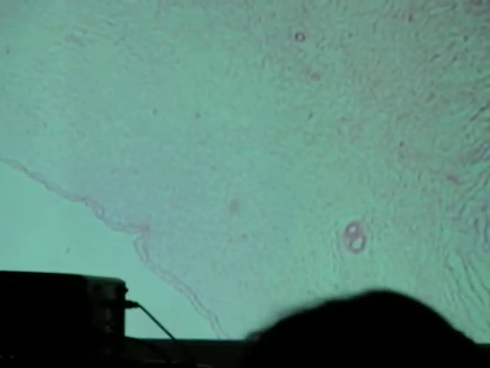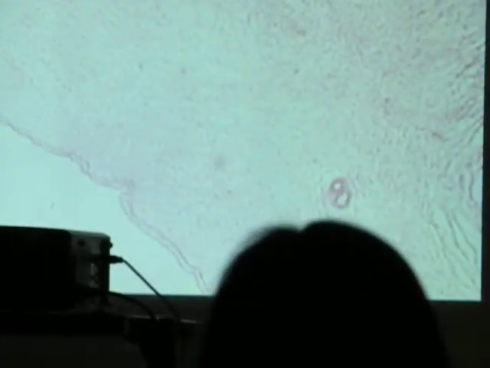Questions on the umbilical cord? Placenta. Looking for a bunch of blobs.